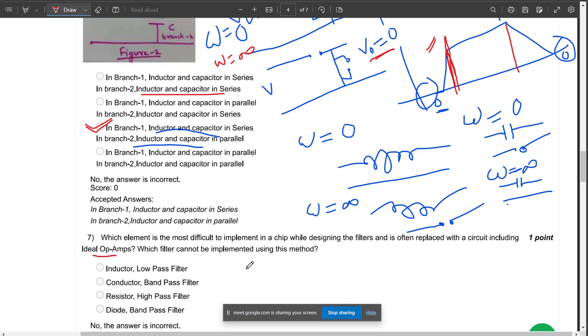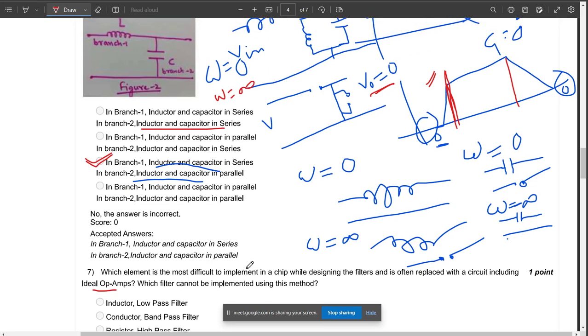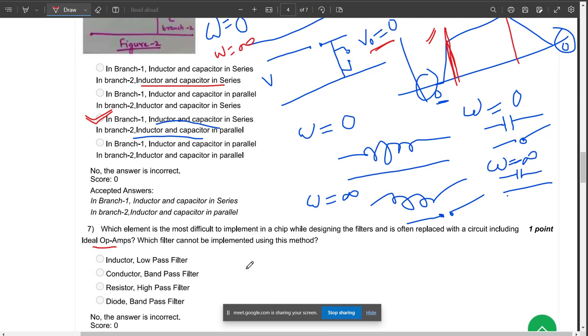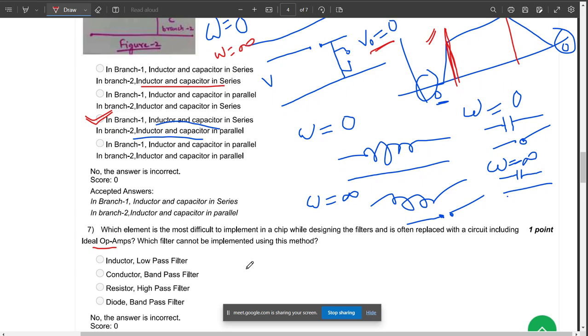One of the terminals is grounded. But in low pass, none of the terminals is grounded. And the equivalent circuit of the inductor using op amps has one terminal grounded. So we can't implement the low pass filter.